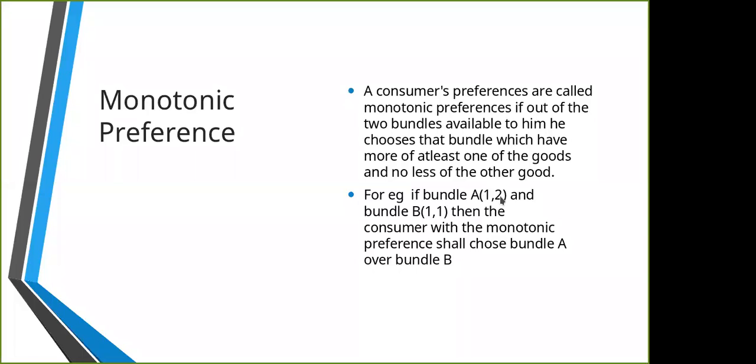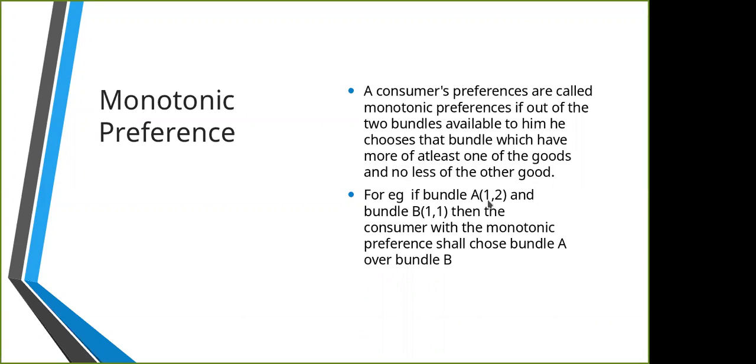But the quantity of Y in bundle A is 2, whereas the quantity of Y in bundle B is 1. That is why we have chosen bundle A over bundle B. This kind of preference, where we choose the bundle having more of at least one of the goods and no less of the other good, is called monotonic preference.